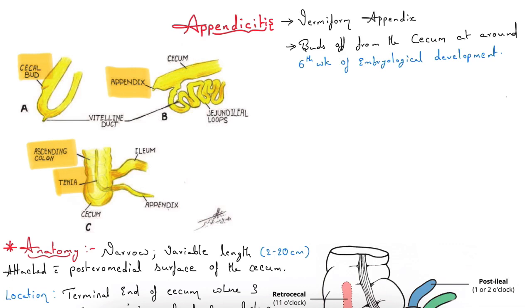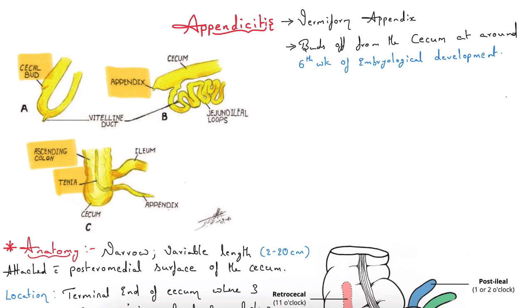In peritonitis patients, if you are doing a midline incision, you can easily find the appendix with the help of the tinea, because the tinea ends in the lower part near the appendix.